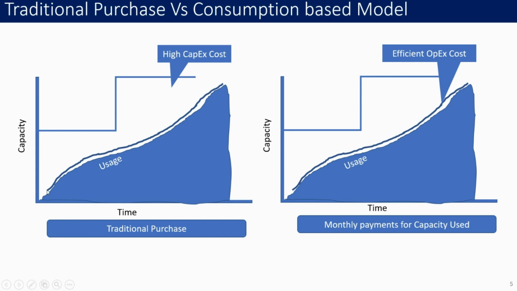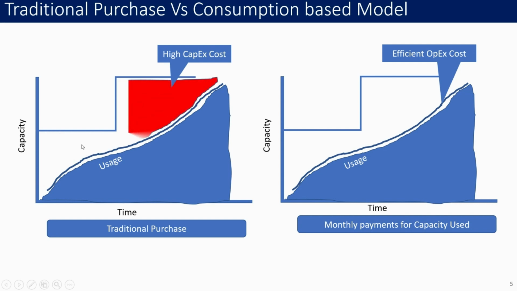In the traditional purchase model, you will start investing in procuring servers, network switches, storage, and other stuff over a period of time in order to set up your data center. And so your capital expenditure will keep on increasing over a period of time. Say, for example, let's say this is the first 3 months and the next 3 months, and it might continue flat. That means a very high capital expenditure is required.